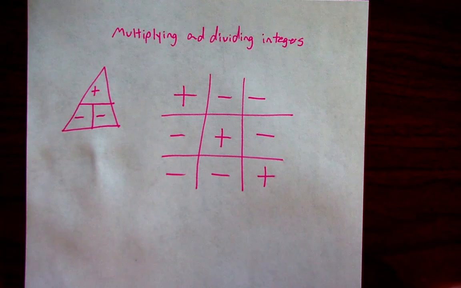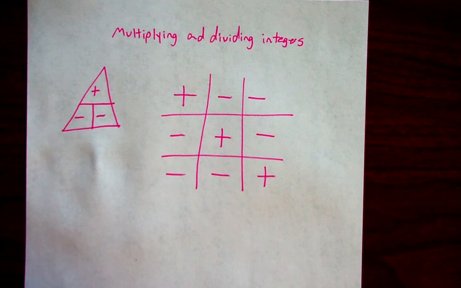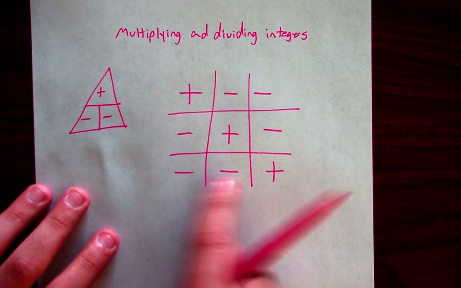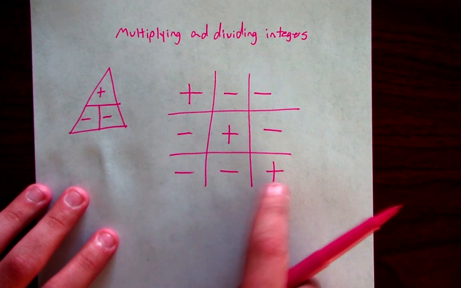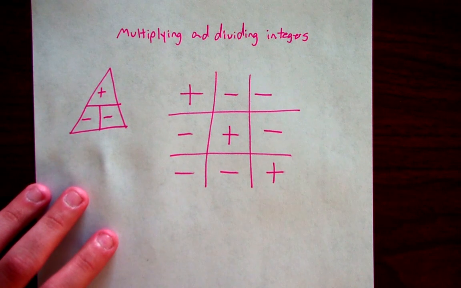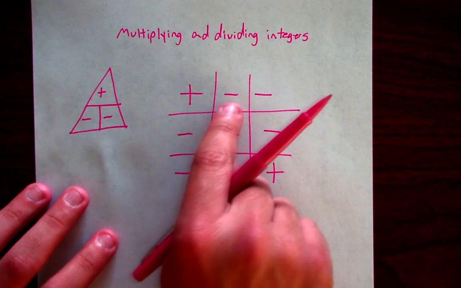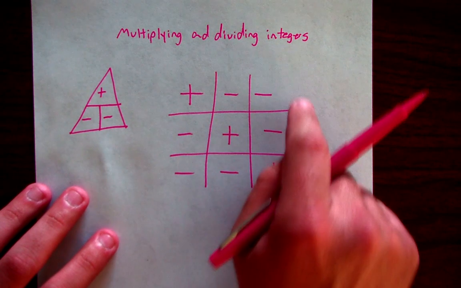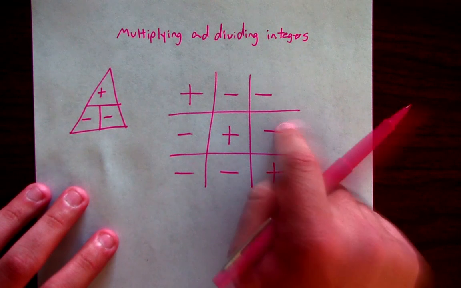So nice and easy when you're multiplying or dividing. If the signs are the same, the answer is a positive. When the signs are different, like you see here and here, your answer is a negative.